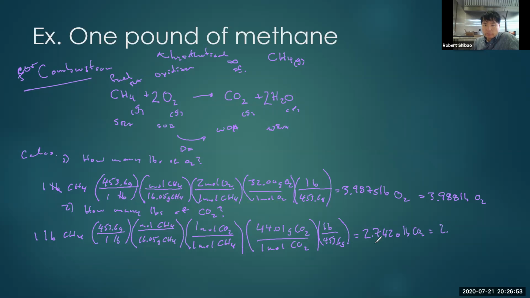I'm allowed 4 sig figs, so I'll just call it 2.742 pounds. So about 2 3/4 pounds of CO2. So for every pound of methane combusted, I generate about 2 3/4 pounds of carbon dioxide.